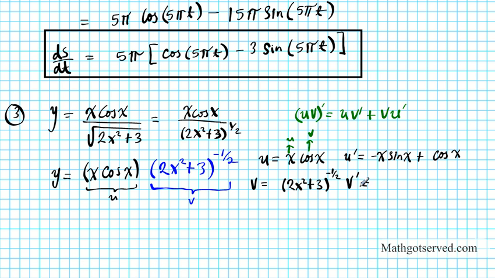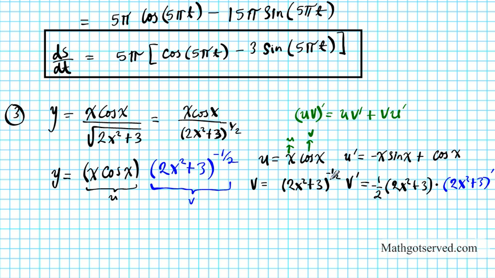So v prime is going to be, we use a power rule first, negative 1/2 times 2x squared plus 3 as the inner function, times the derivative of the inner function, (2x squared plus 3) prime. First hold the inner function fixed, and then multiply by the derivative of the inner function.